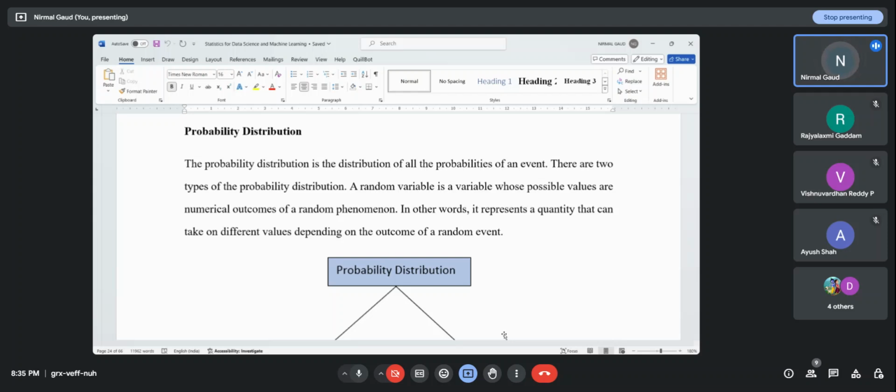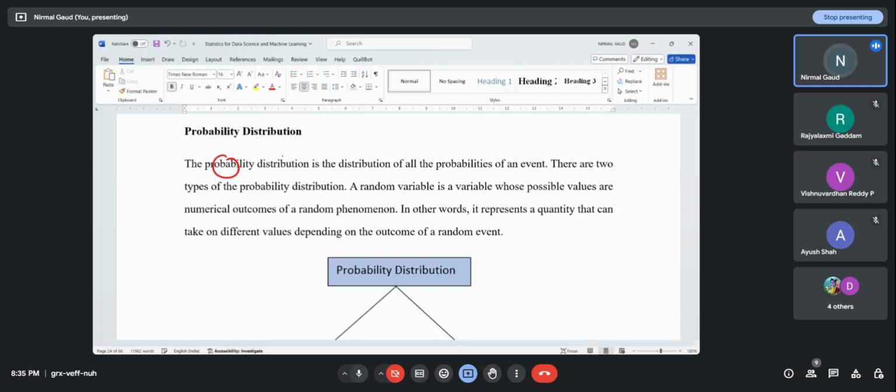Discrete numerical data is data which is countable, and continuous data is not countable. It can be represented in the form of class intervals.